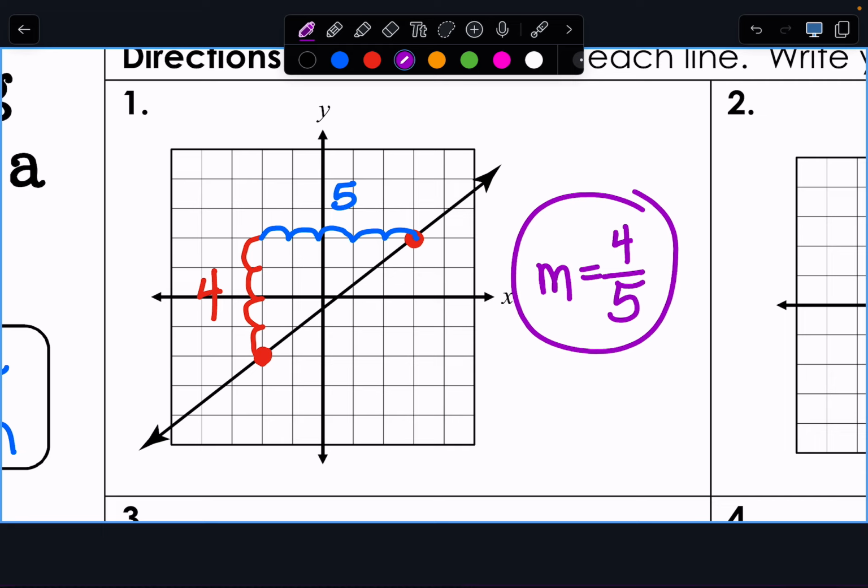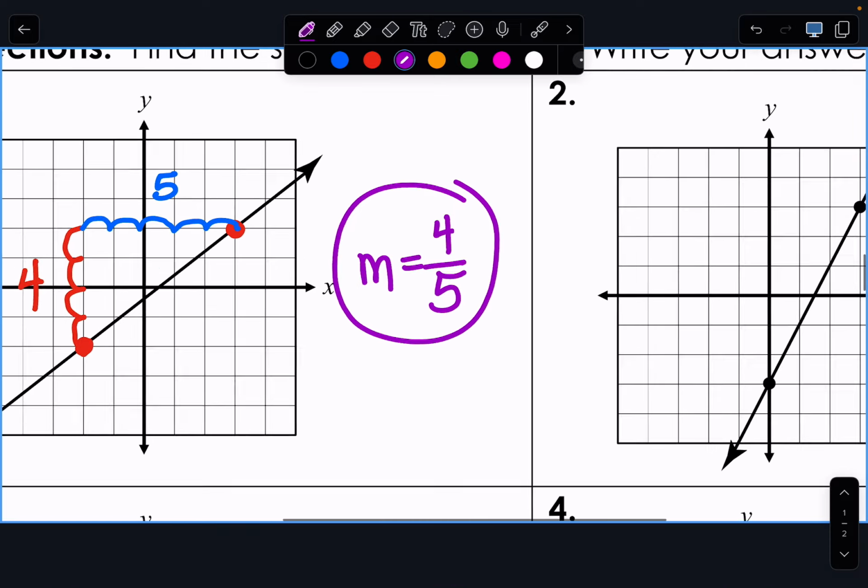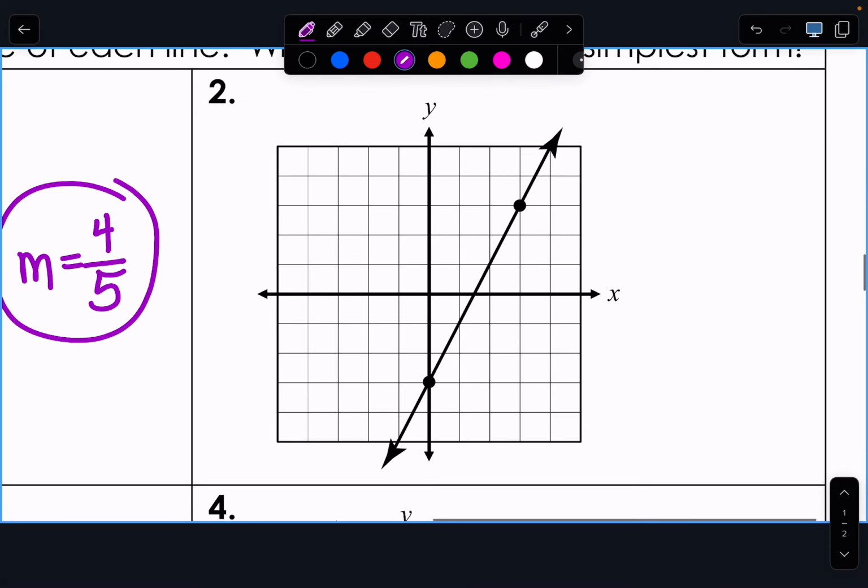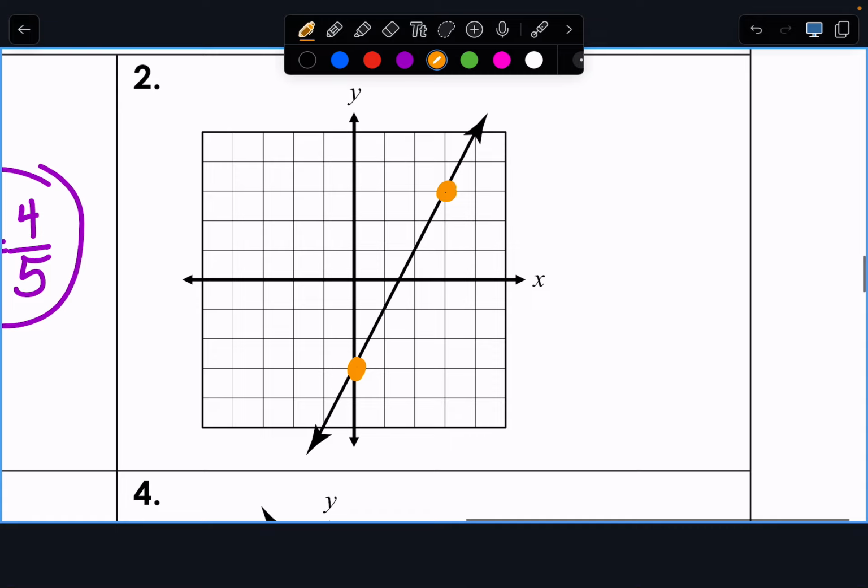Okay, all right, so let's look at number 2. Here are our 2 points. We always need to start with the one on the left. Do we need to rise or fall? If I start here, do I go up first or down first?